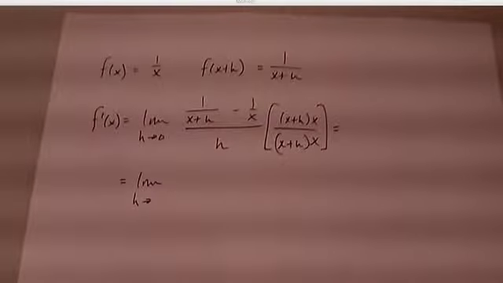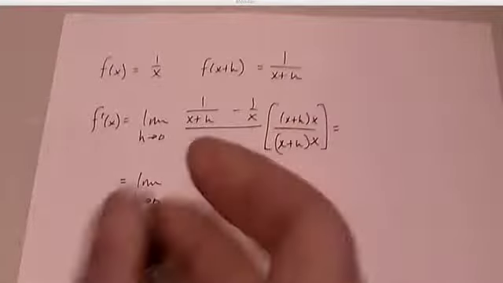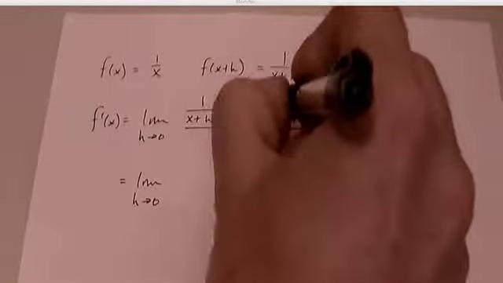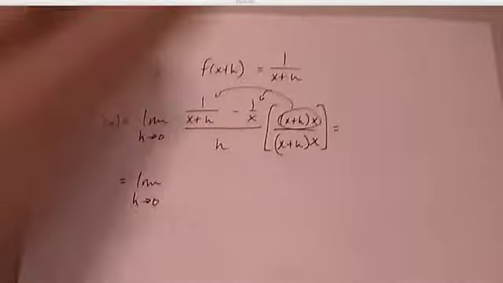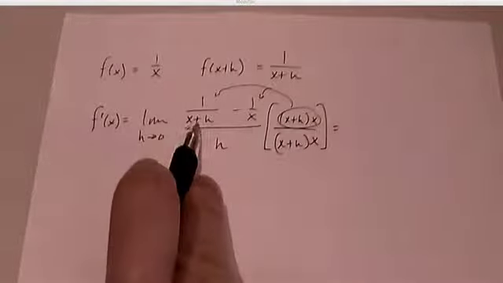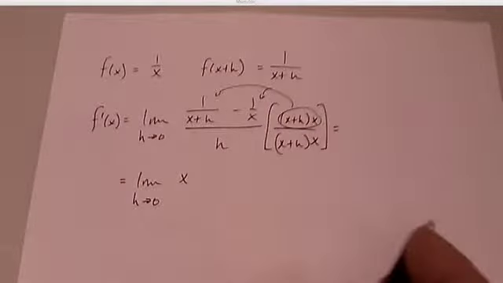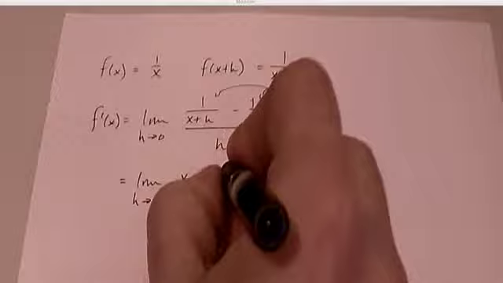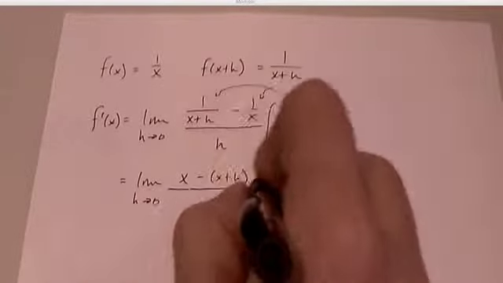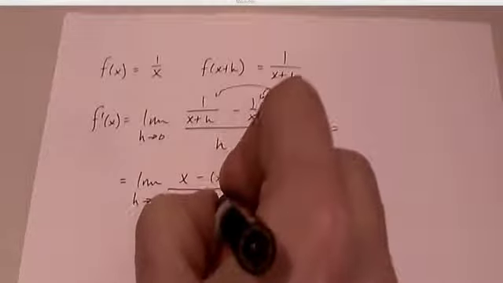Therefore, I am allowed to multiply by it because I'm merely changing the form and not changing the value. So when I distribute it to both of those fractions in the numerator, when I distribute it to the first one, the x plus h's will cancel, and I'm left with x. When I distribute it to the second one, the x's will cancel, and I'll be left with x plus h. And what I have here is h, x plus h.